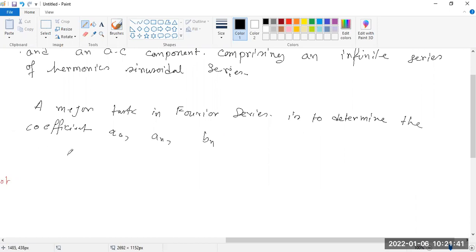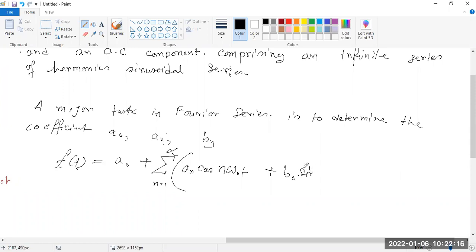So if someone tells you to write down the Fourier series, how will you write it? Just write f(t) equals a0, the initial condition, plus summation from n equal to 1 to infinity, then in a bracket, first an cos n omega 0 t, plus bn sine n omega 0 t. So this is the trigonometric representation of the Fourier series.